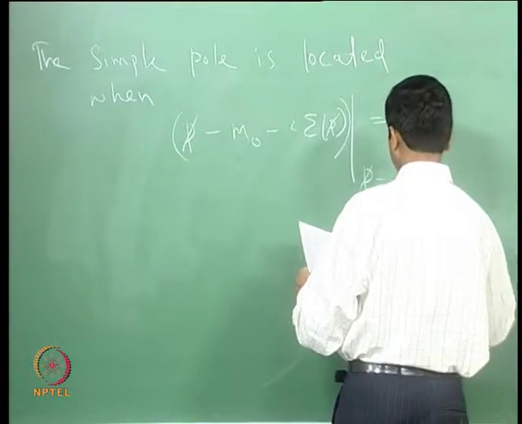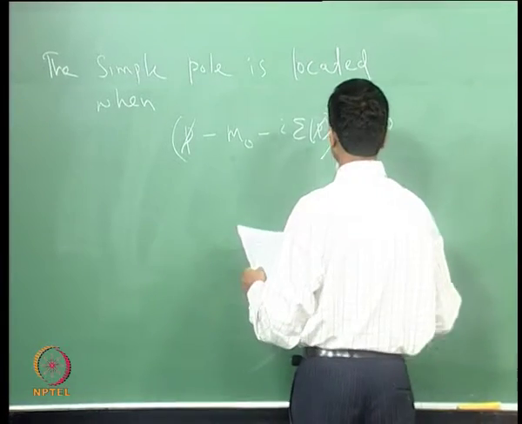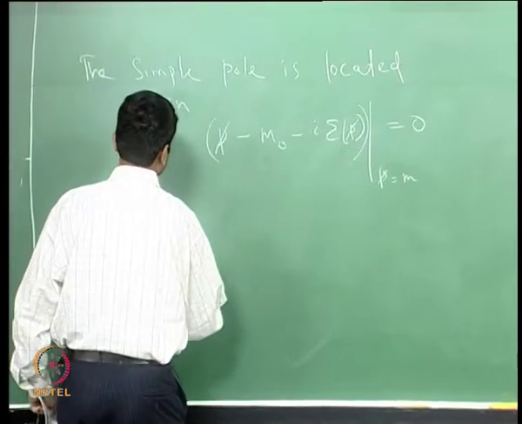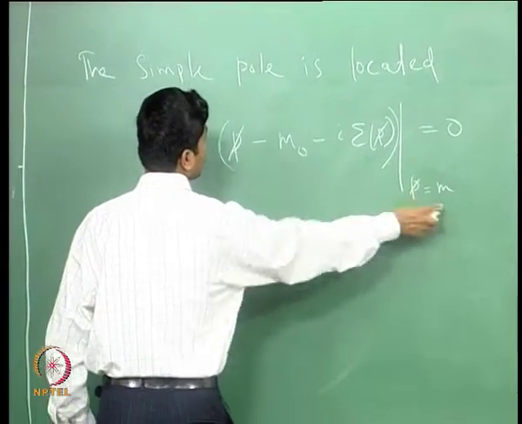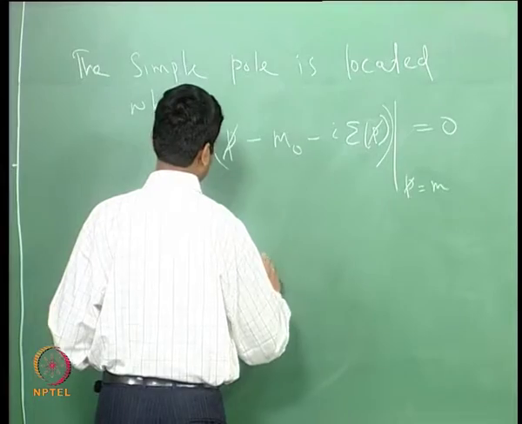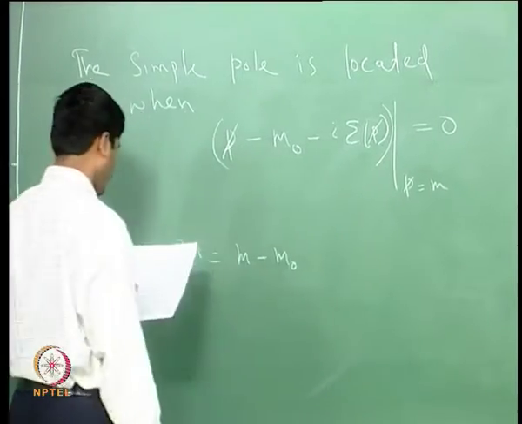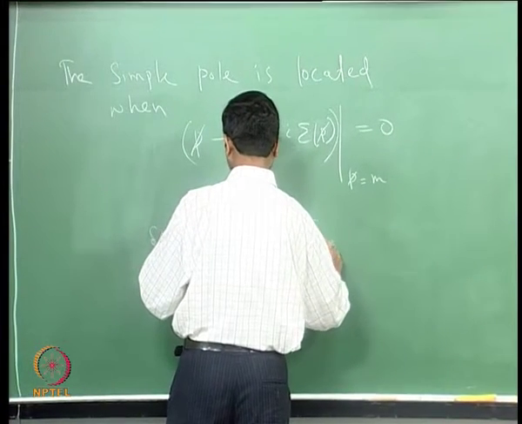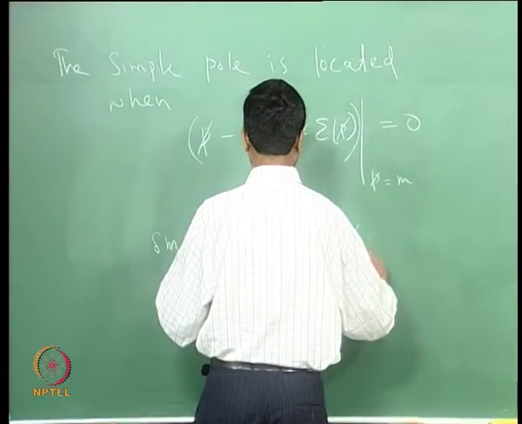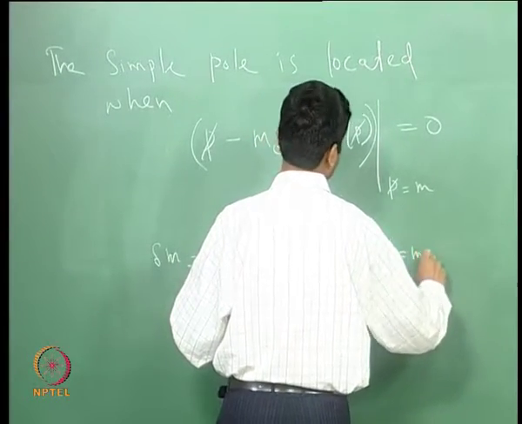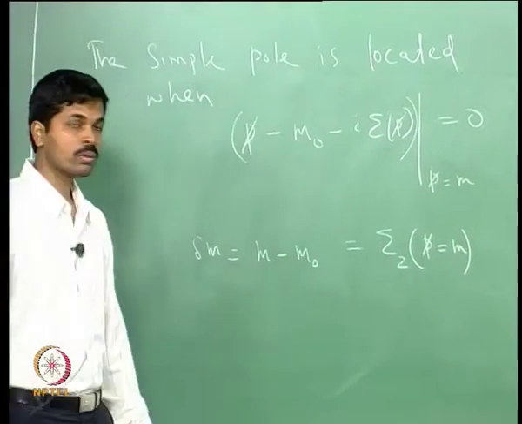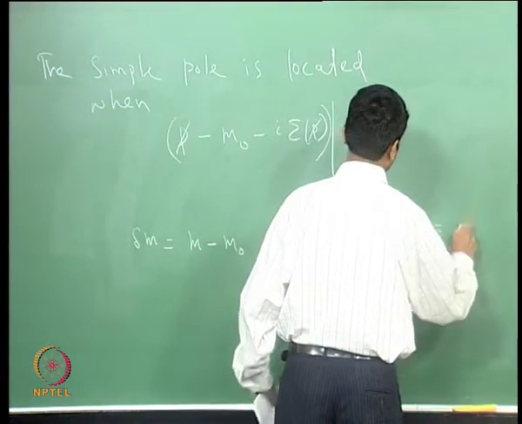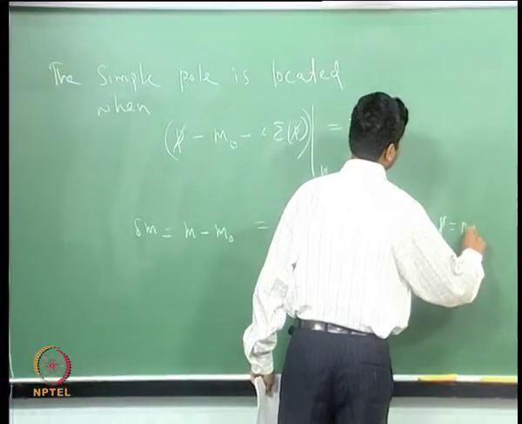So, that is what we will denote. So this is simply p slash equal to m. If I say delta m to be the difference between m and m 0, so this is basically m minus m 0, and delta m is what we have computed, and this is given by sigma 2 at p slash equal to m. To the lowest order we can write it as sigma 2 evaluated at p slash equal to m 0.